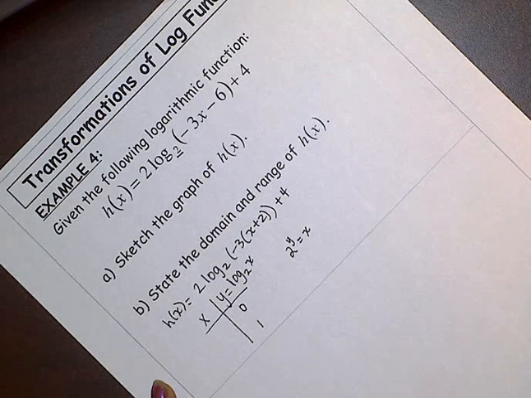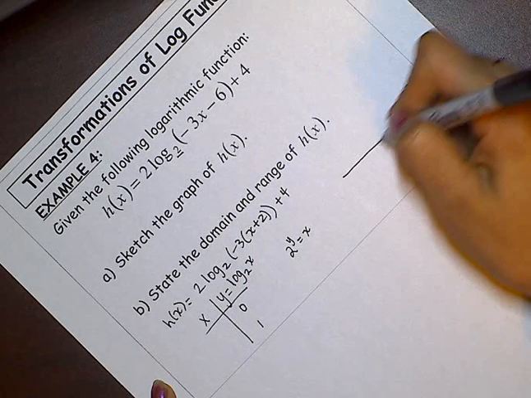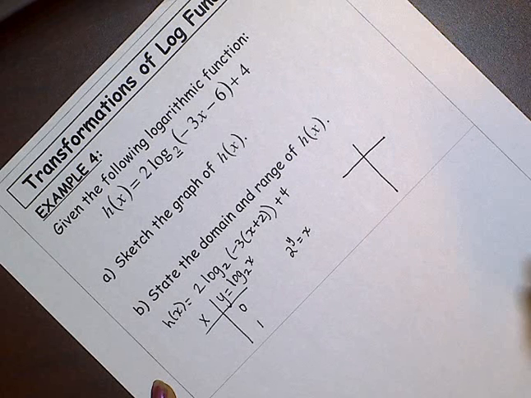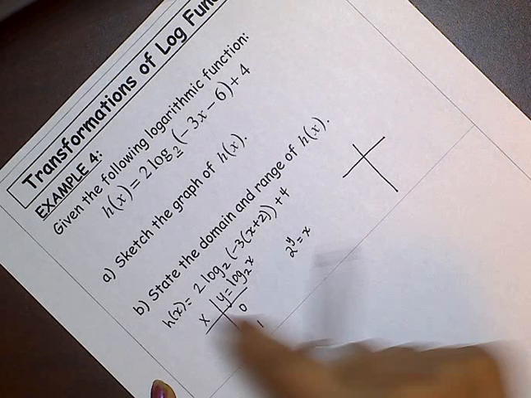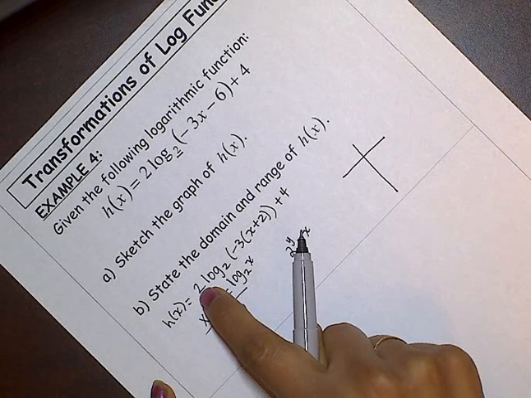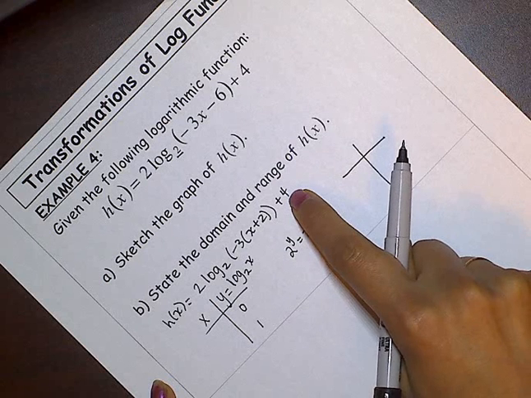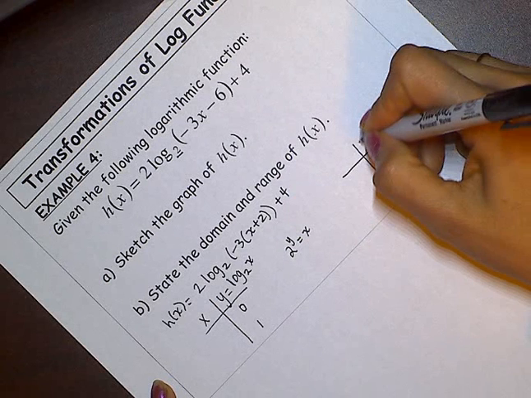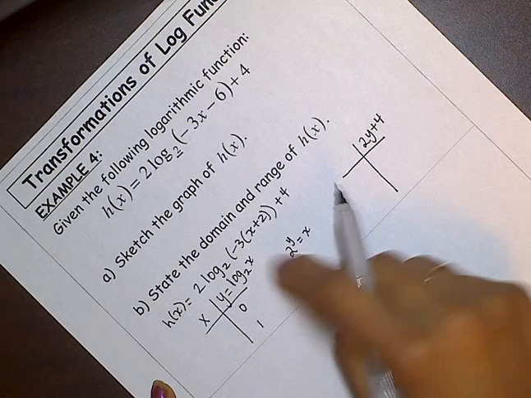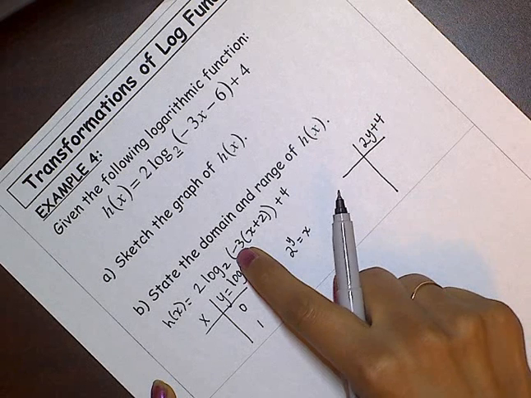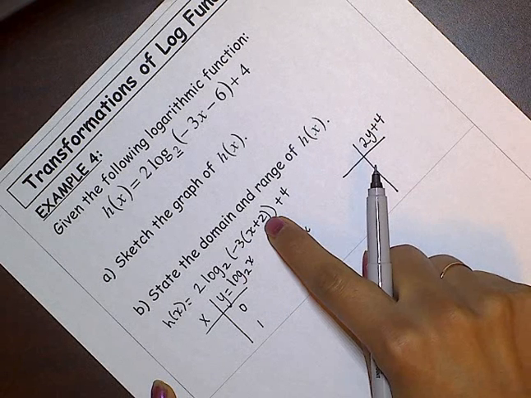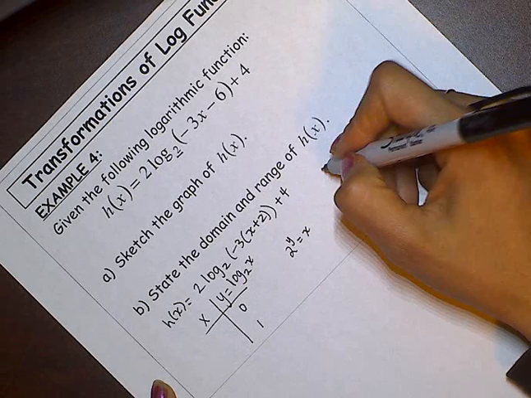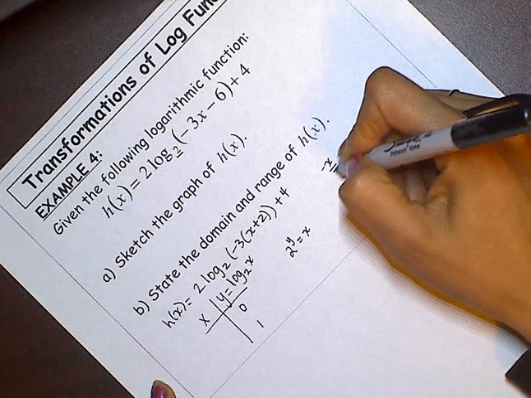And then I'm just going to go ahead and draw my table values for my transformed function, keeping in mind that the a and the c value affects my y-axis, so that's going to be 2y plus 4, and the k value here and the d value there is going to affect my x-axis. So it's going to be negative x divided by 3 and minus 2.